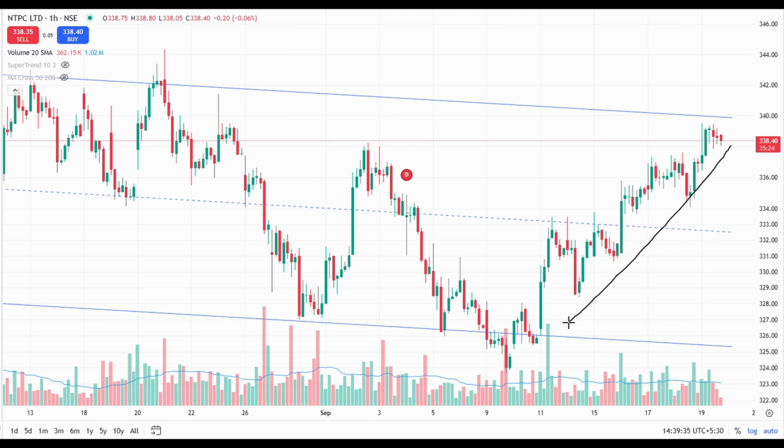However, I held on to my view that price will surely reach the upper boundary of this parallel channel, and so I waited patiently for prices to reach here. Today, it reached here, and seeing a good profit, I did not hesitate booking it.